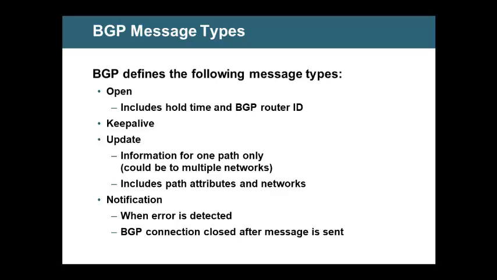Like OSPF, BGP also will pick the loopback interface address as its router ID. So using the router ID and the hold time, which is by default 180 seconds, with all this information, the open message will be sent between the neighbors, followed by how long you will hold a neighbor when it doesn't send keep alive.